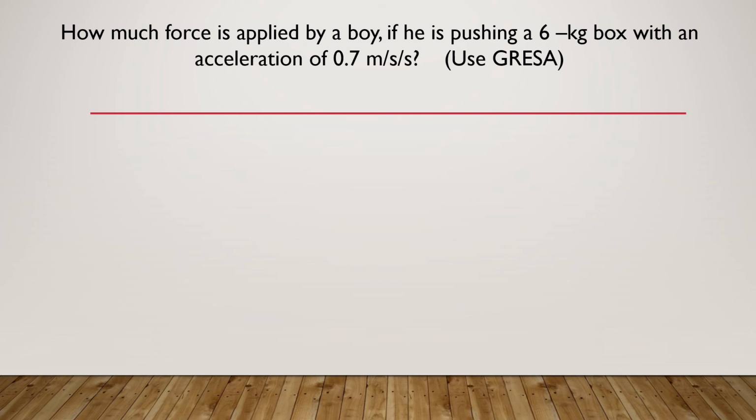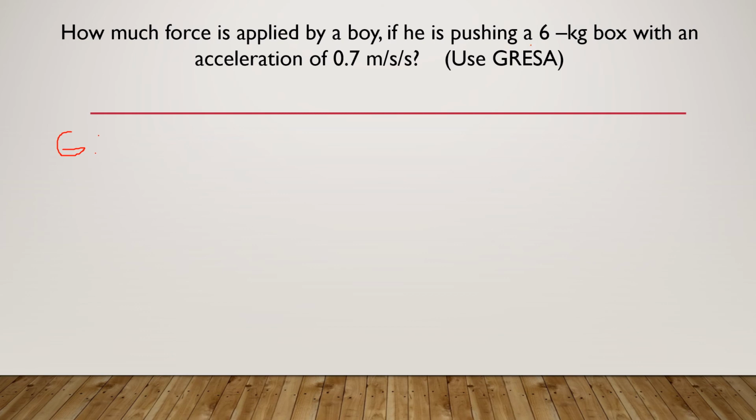Again, you have only 1 minute to solve for the given problem. How much force is applied by a boy if he is pushing a 6 kilogram box with an acceleration of 0.7 meter per second per second? So you are looking for force. So use GRESA. We all know that G stands for given.